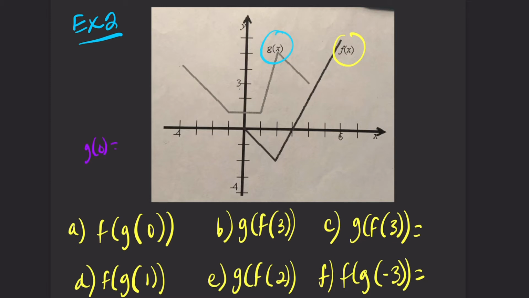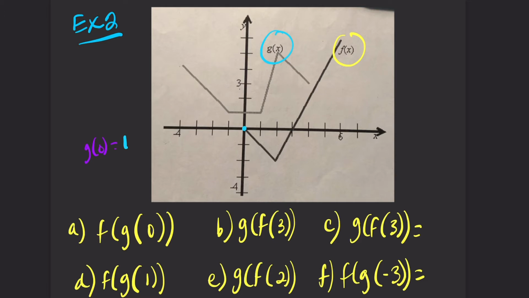So I'm going to look at g of x, and whenever x is 0, your graph for g of x is up here at y equals 1. So g of 0 is equal to 1. So remember, this is the x value. You're trying to find the y value. Okay, so g of 0 is 1.